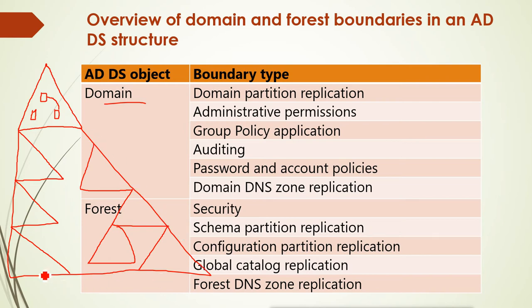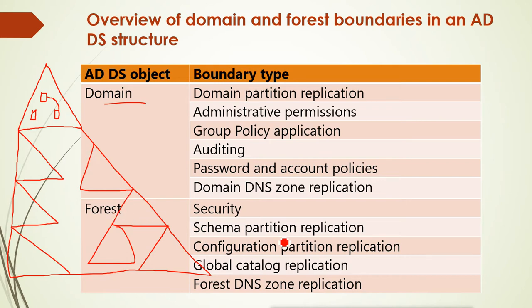So within the forest, whether we have the root domain, child domain, or tree domain, they all carry the same security boundary. They can access resources of each other, but any user or other person trying to access from outside of the security boundary of the forest will not be able to access anything because of the security boundary of the forest.